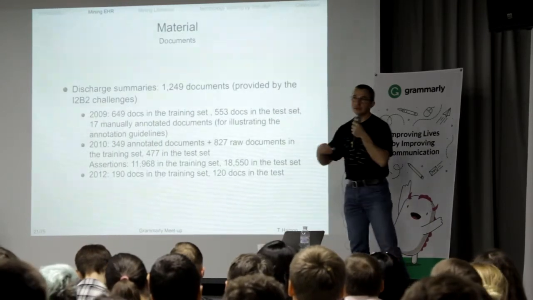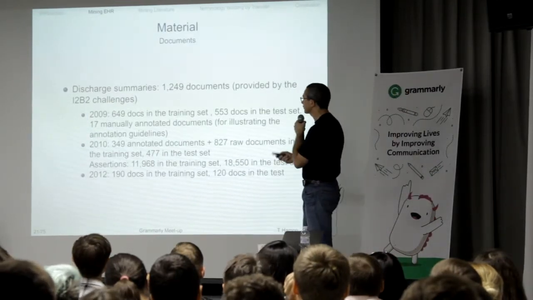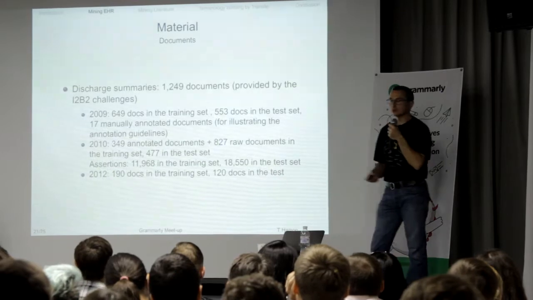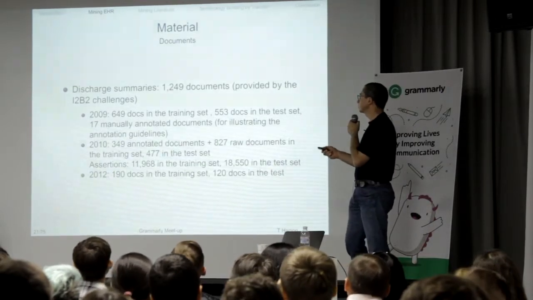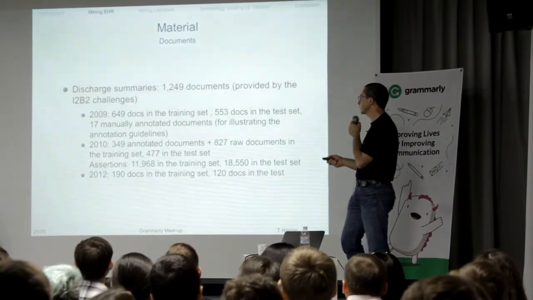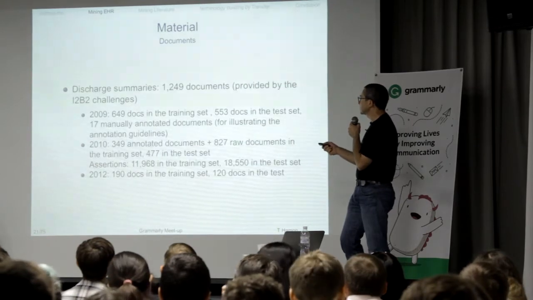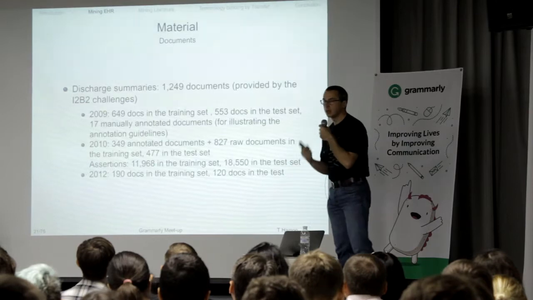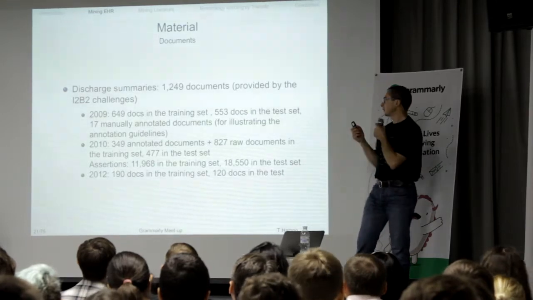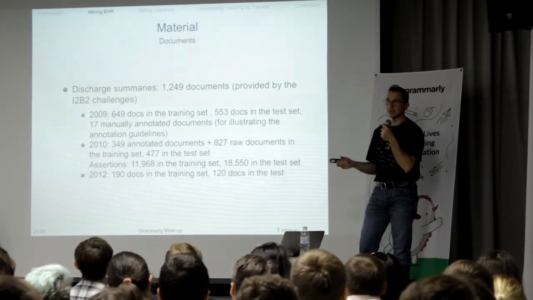So according to the different years, we have different types of text, different numbers of texts. So there are about 1,200 documents. We participated 3 years in the challenge. What is interesting is this: in 2009 there are only 17 documents which are annotated manually.